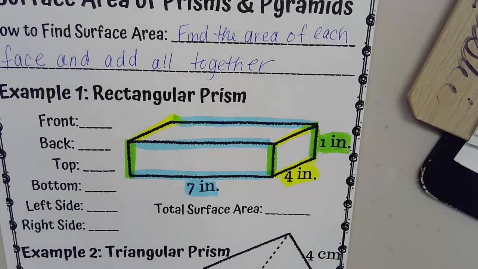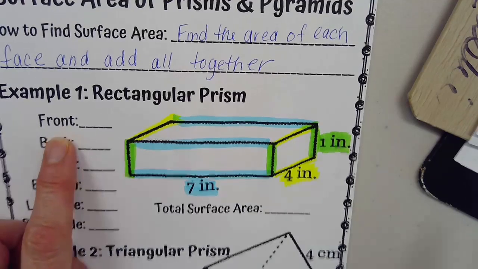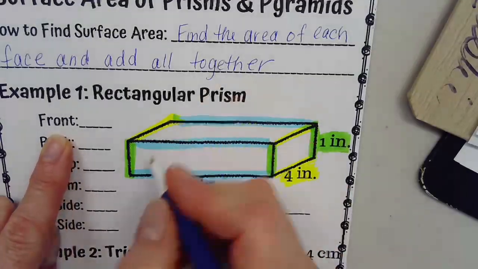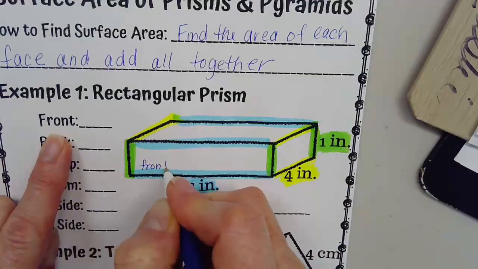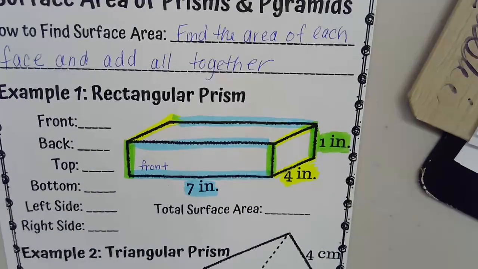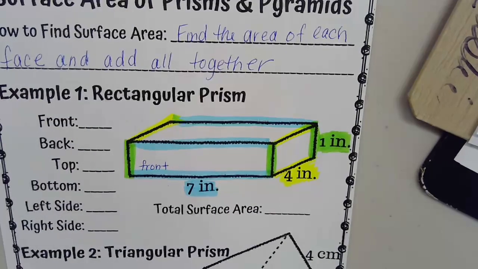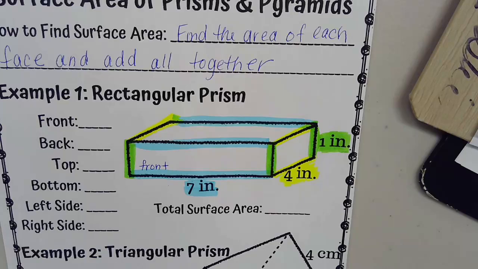We only see 3, but how many does it have is going to be what, Lacey? 6. Now we're going to find the area of each of these figures. So for the front, we're going to say this is the front. All right, so for the front, how am I going to find that area? What am I going to do, Marion, to find the area of the front?